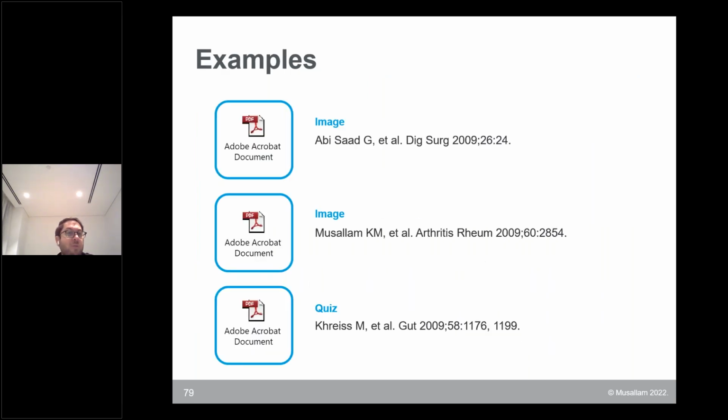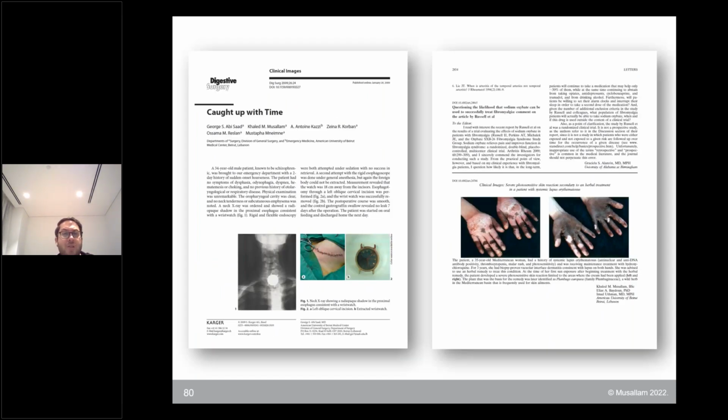Some examples. This is, for example, something I always show, published as an image in a very good digestive surgery journal, where a patient came into the emergency room complaining of shortness of breath, but he looked a little bit not clear in mind, and we didn't know what was happening with him.